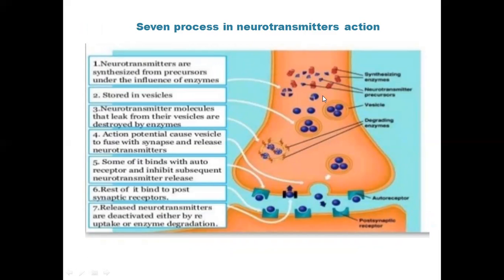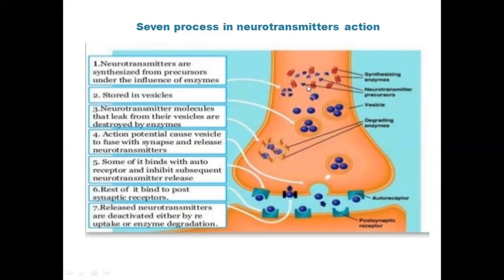There are 7 processes in neurotransmitter actions. Firstly, neurotransmitters are synthesized from precursors under the influence of enzymes. Here they are synthesized through precursor enzymes.